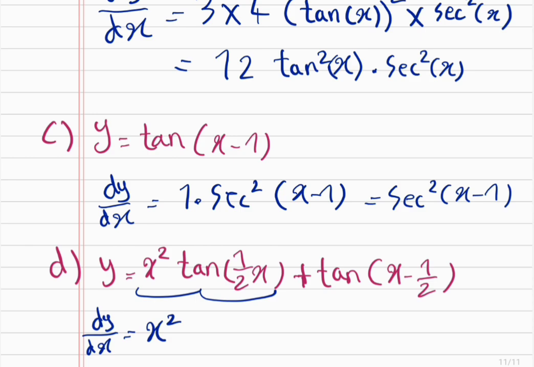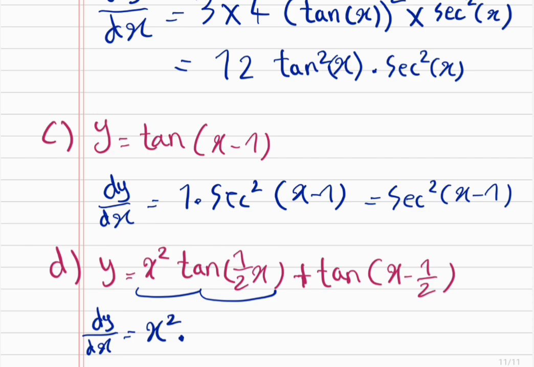So in this case, just to show that without making you confused, we can start by writing down x squared, so x squared times the derivative of the second function. It doesn't matter, the order doesn't matter. You can always start with the first function times the derivative of the second function and add the derivative of the first function times the second function, or you can start with the derivative of the first function times the second function and so on.